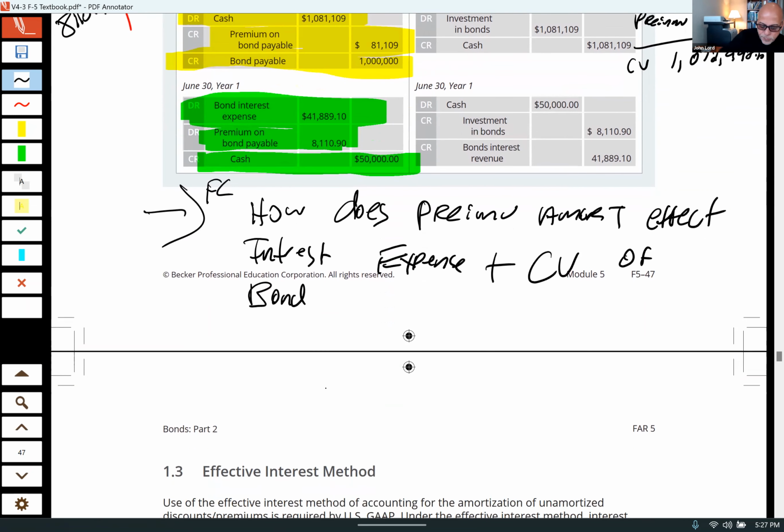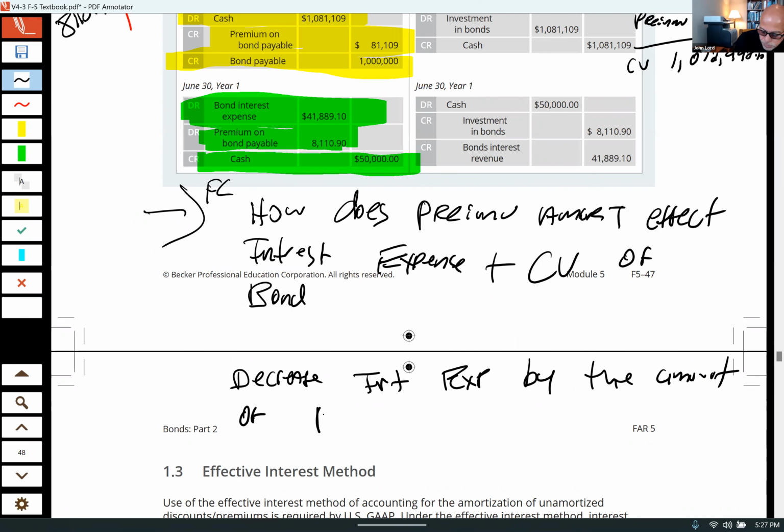Answer, what? It decreases them both, decreases interest expense by the amount of premium.